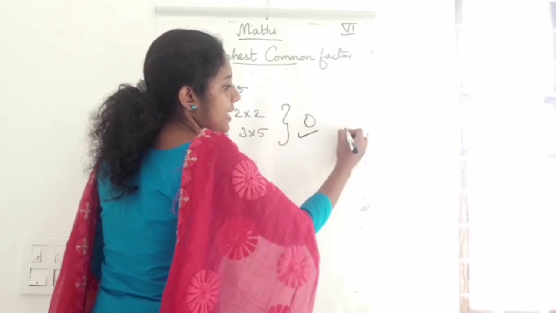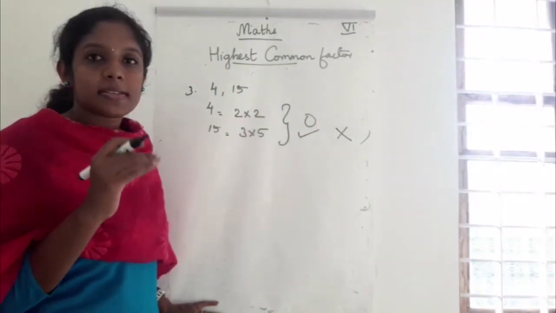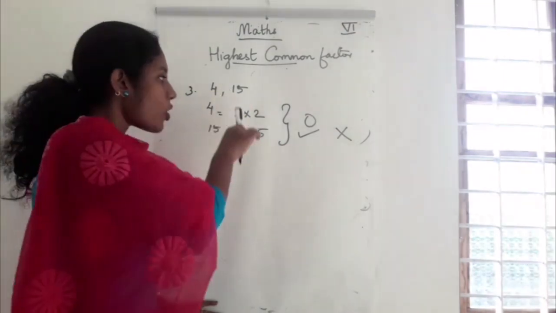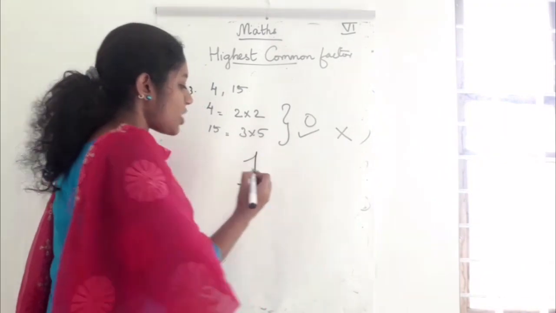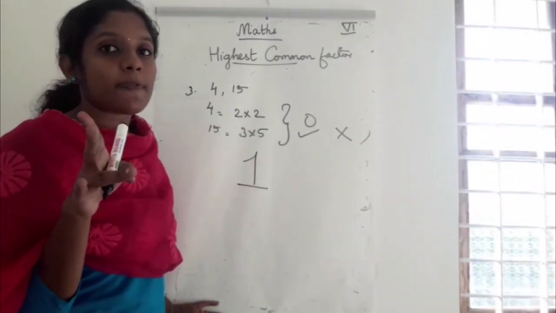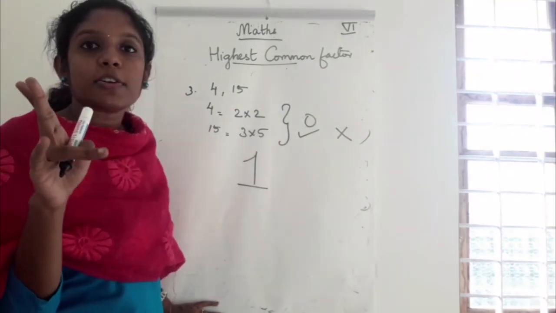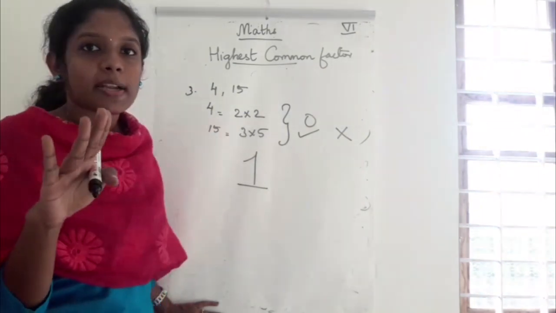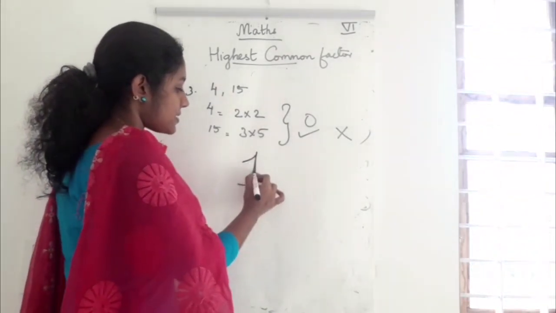Whether this answer is correct or wrong? I have already told you in the previous question that when there is no common factor, the HCF is 1. In the two examples of odd numbers there was no common factor, and what did you write? You wrote that the highest common factor is 1.